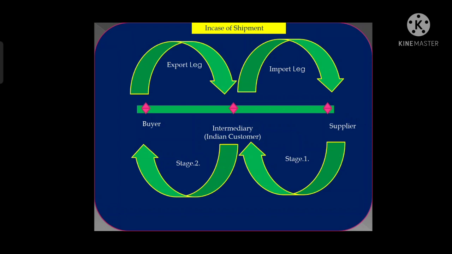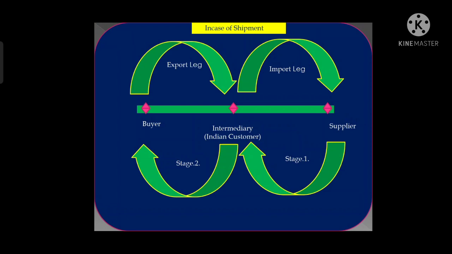If the supplier is not shipping the goods to the intermediary, can the intermediary ship the goods to the buyer? No. So in case of shipment, the supplier will ship the goods first and these goods will be imported by the intermediary. After that, the intermediary will resell those goods, imported from the supplier, to the buyer.